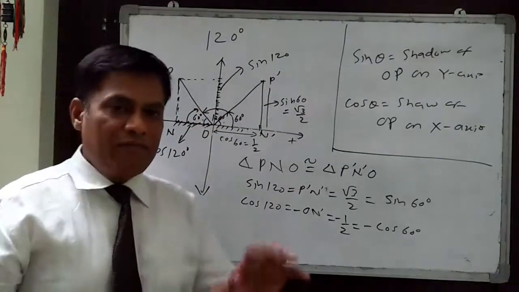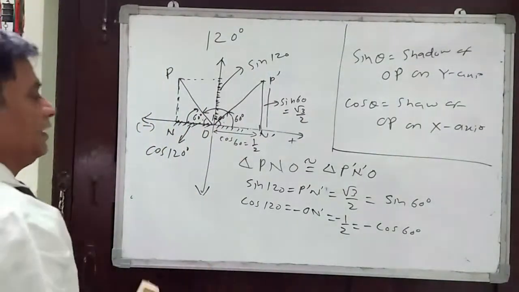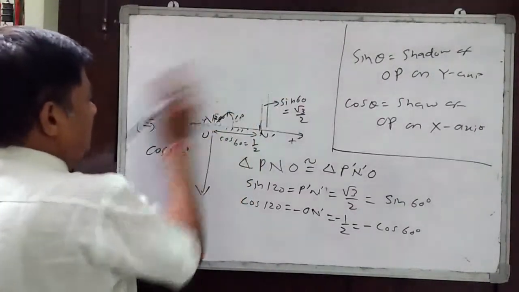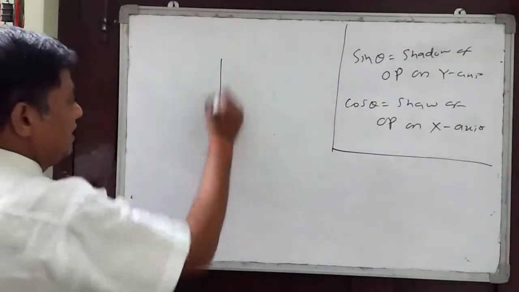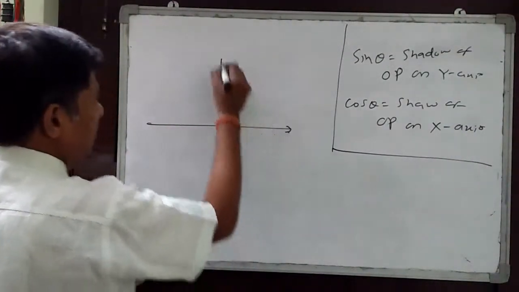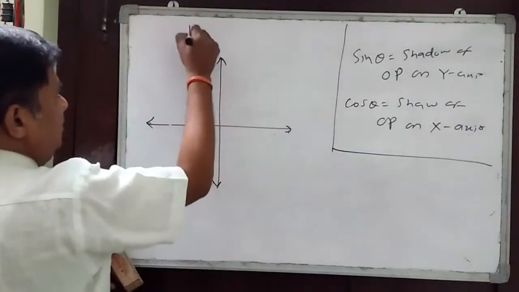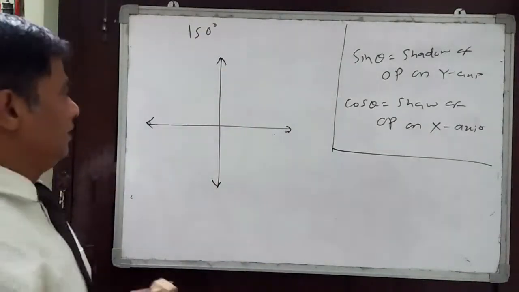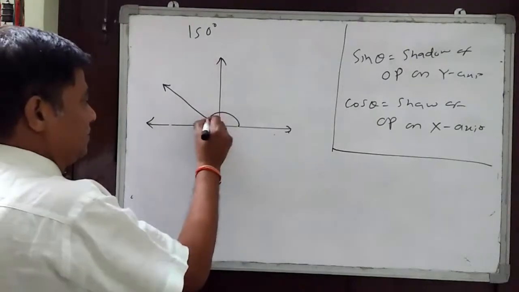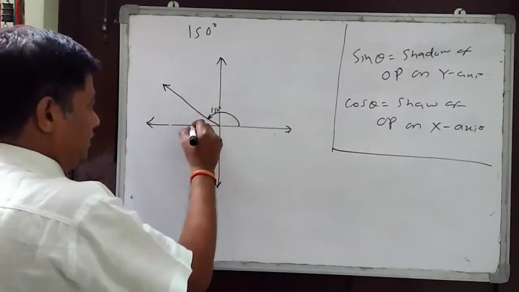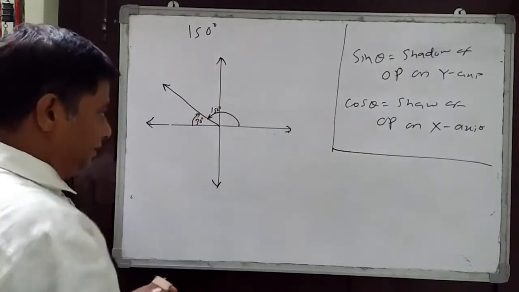This will be more clear with another example. Let us consider the angle 150 degree. For 150 degree, the revolving line will be somewhere here. This much angle is 150 degree. Naturally, this angle is 30 degree.